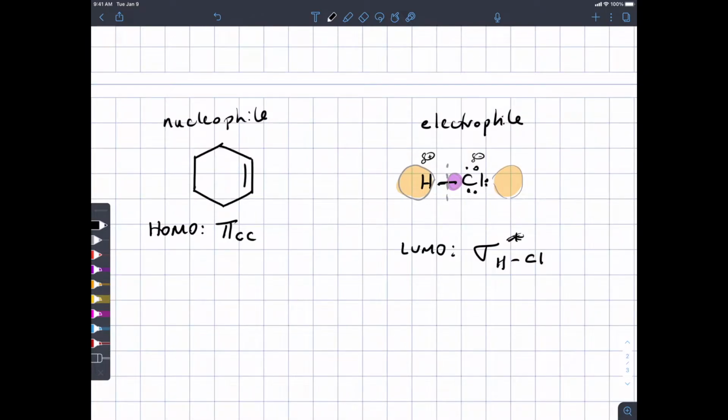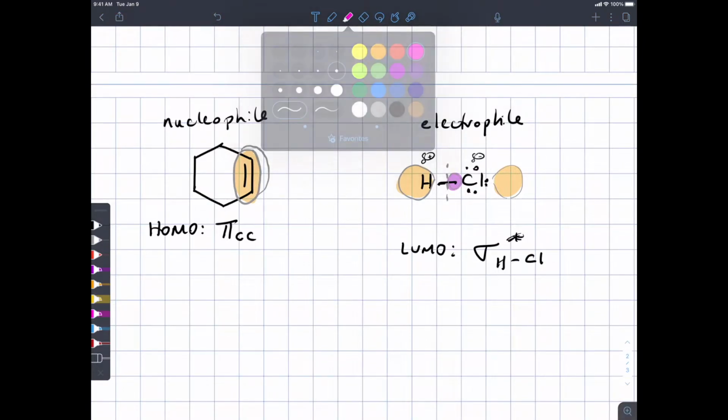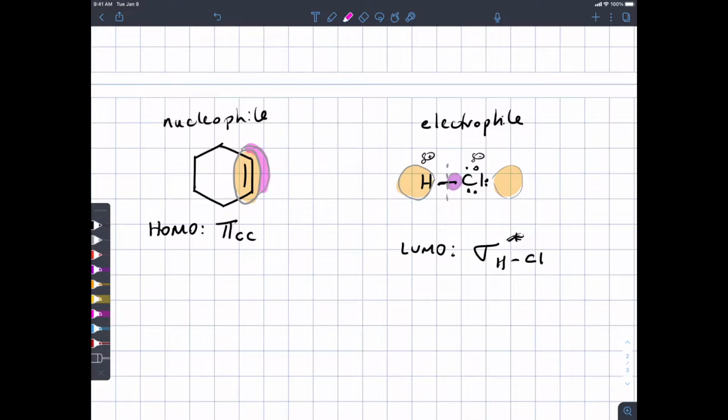What would the pi bond look like? What would the pi orbital look like from this viewpoint for our alkene? We would have sort of a continuous lobe of electron density above the plane of the double bond, and then below we would have another orbital lobe with the opposite wave function sign.